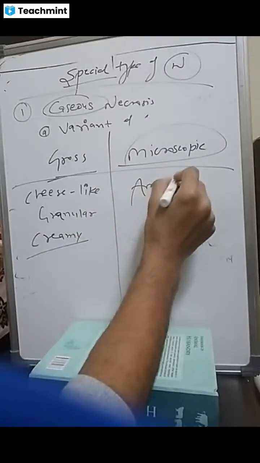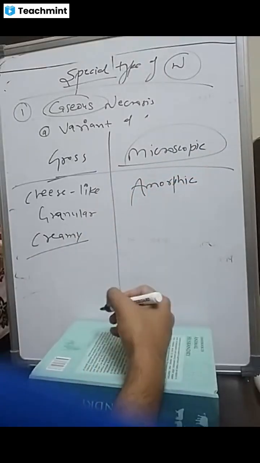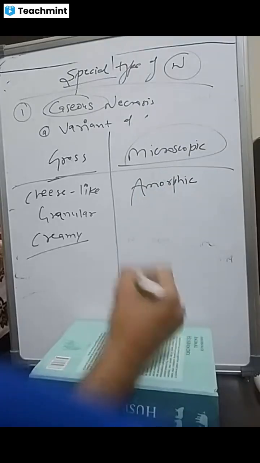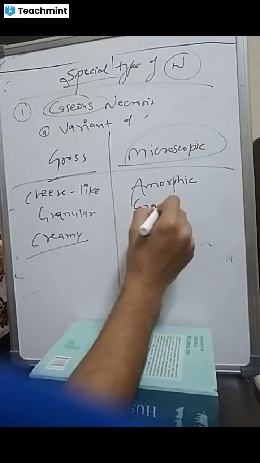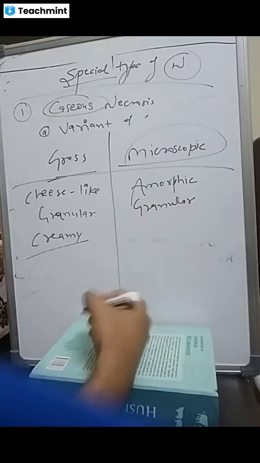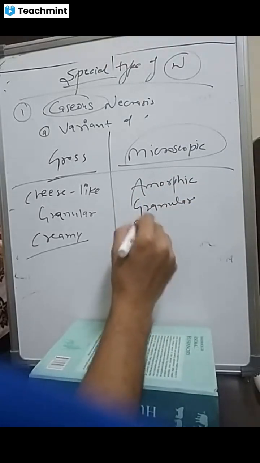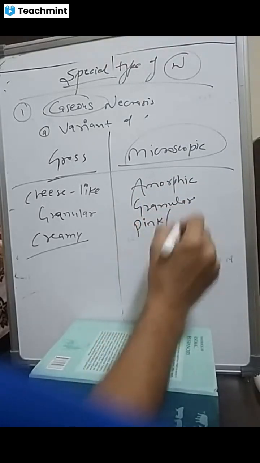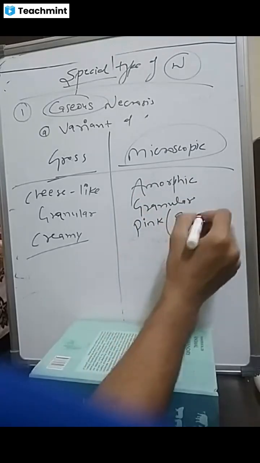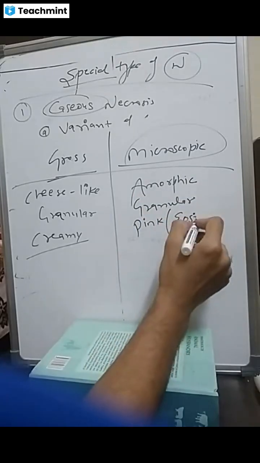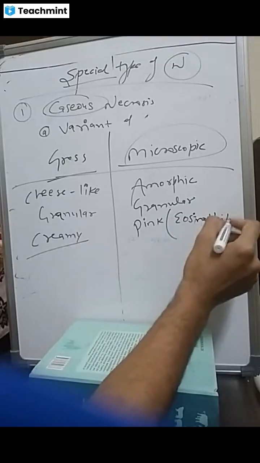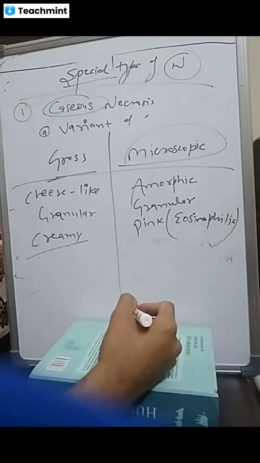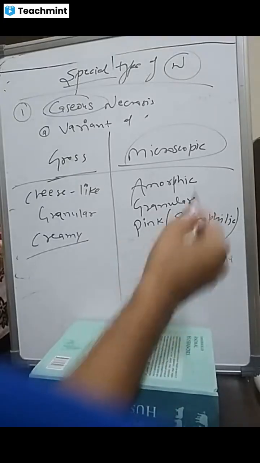It is amorphous, no morphology, granular and pink in color. Pink means eosinophilic.